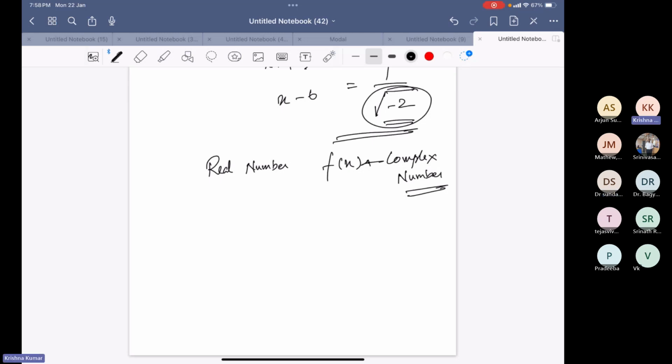Right. So sometimes what we do is we do elementary operations with functions themselves. So I have two functions. Let me call them f and g. So f of x and g of x.